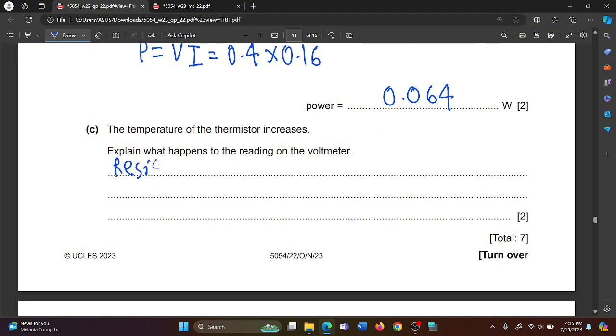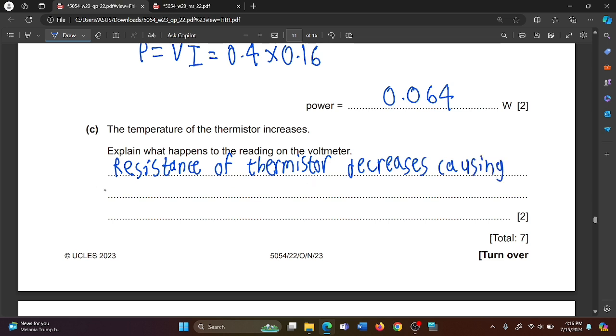Resistance of thermistor decreases, causing less voltage shared across thermistor. You can also write less potential difference instead of less voltage shared. Both mean the same.